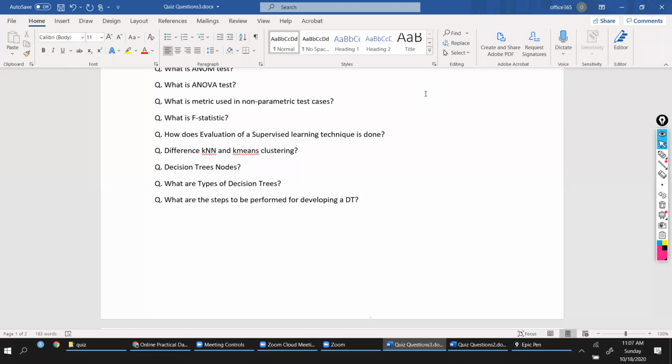Or in simple terms, we need to identify the attribute which is used to split the data so that we get the most homogeneous pair of branches. Right? So the steps are: identify the root node which gives us the most homogeneous branches.